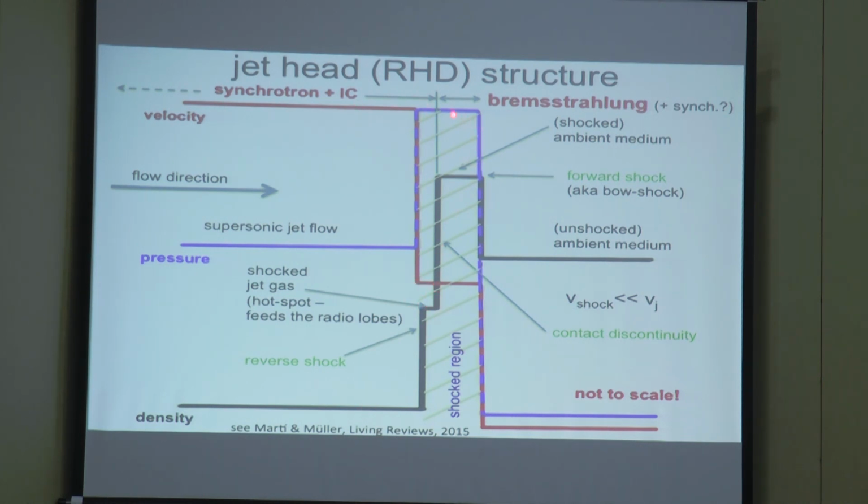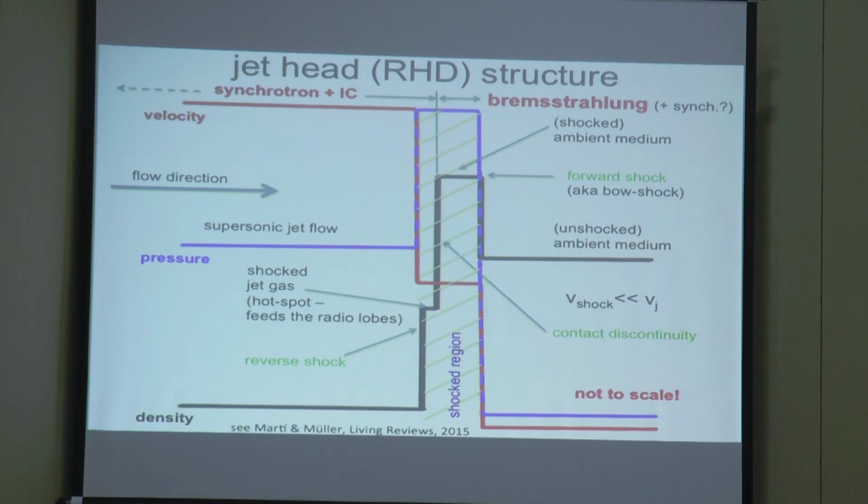And then there is a contact discontinuity between the shocked jet region and the shocked ambient region, which is here. And this whole region has the same pressure, right? The pressure and the velocity are continuous through the contact discontinuity, not so the density. The density jumps at the forward shock together with the pressure and the velocity for the ambient medium.